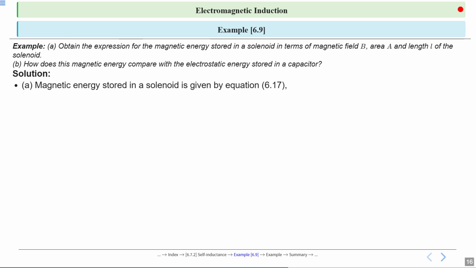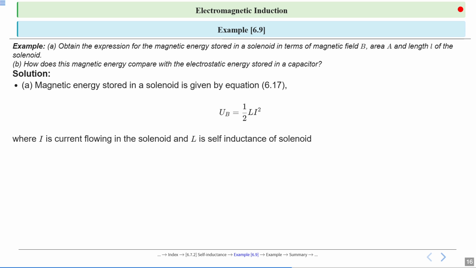Now A part. Magnetic energy stored in a solenoid is given by equation 6.17. So magnetic energy UB will be equal to half Li square, that thing we have discussed, where I is the current flowing through the solenoid and L is the self-inductance of the coil. So self-inductance of the solenoid will be L equal to mu naught N square AL. You have to find the magnetic energy stored.